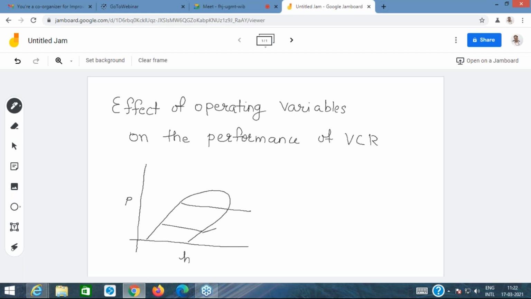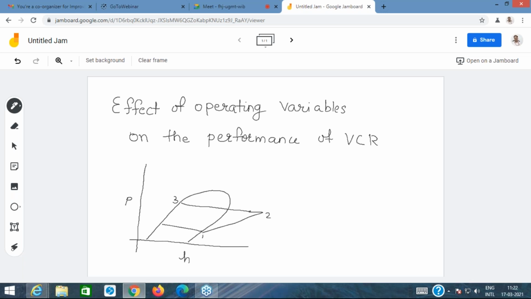So this is, let us say, 1 to 2, which is an isentropic, a constant entropy line drawn from the saturation curve, where 1 is on the saturation curve and 2 is in the superheated region. The process 1 to 2, as you know, is isentropic compression process, and it represents the practical compressor in real life. 2 to 3 is a condensation and heat rejection phenomenon.